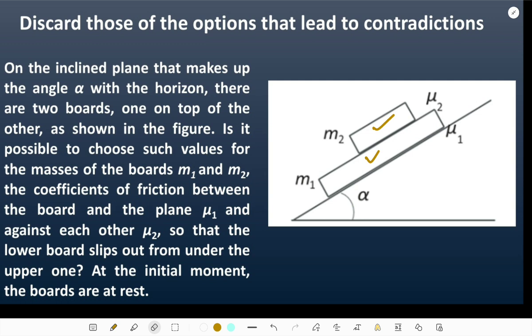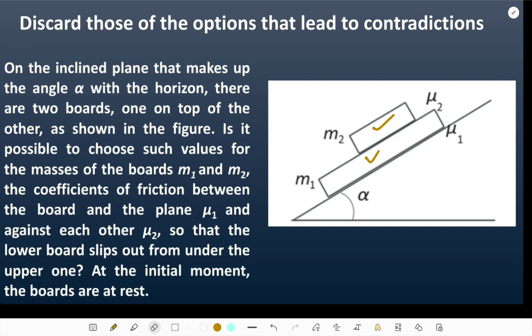We need to know which of the boards slides with greater acceleration, because everything was at rest initially. So when they start moving, they will have accelerations. We need to go through all conceivable options, because we can't assume certain directions of friction forces and do our calculations.